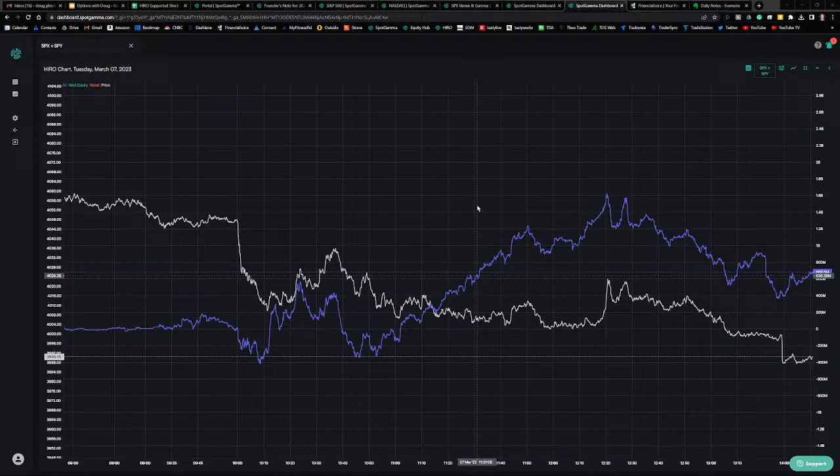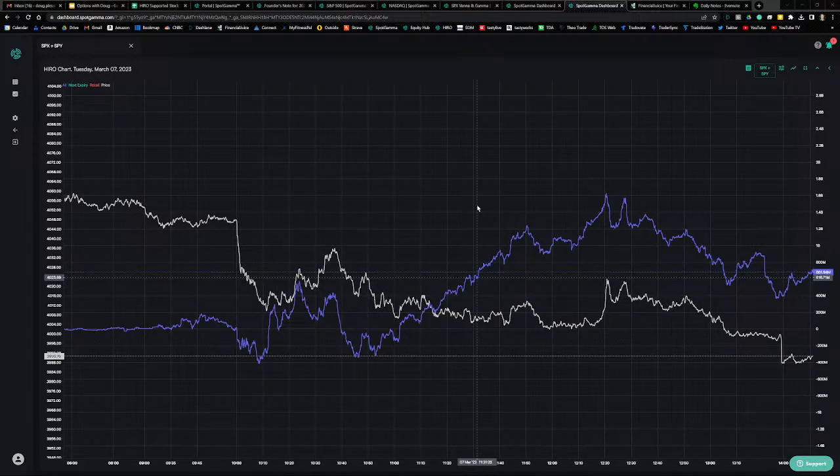So instead of buying a 50 delta call or put, I would buy or sell a micro ES, MES. You're getting the same amount of delta, but you're not penalized with the time decay.